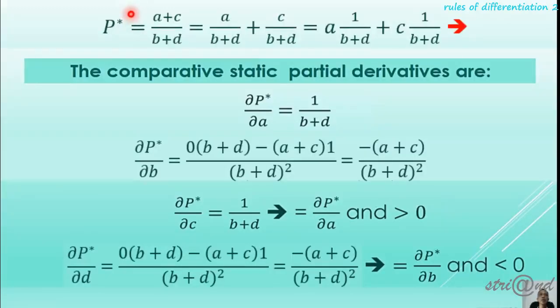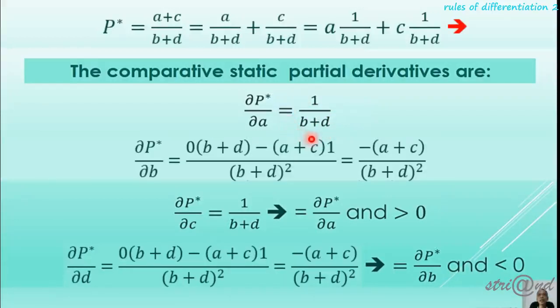The equilibrium price from the previous slide is written again here as P star, and it is also rewritten as a divided by b plus d, and then c divided by b plus d. The a can be moved here and the c can be moved here, so we have this version of P star. The partial derivative of P star with respect to a is 1 over b plus d.